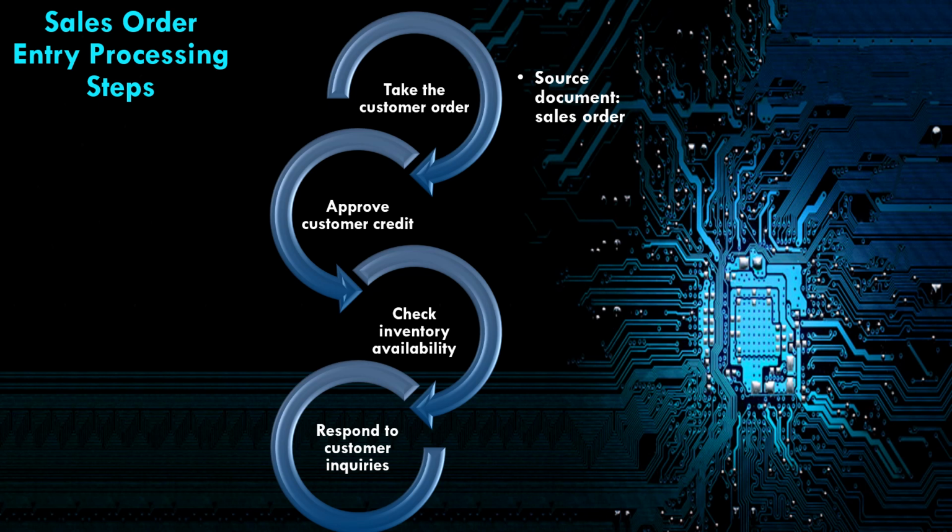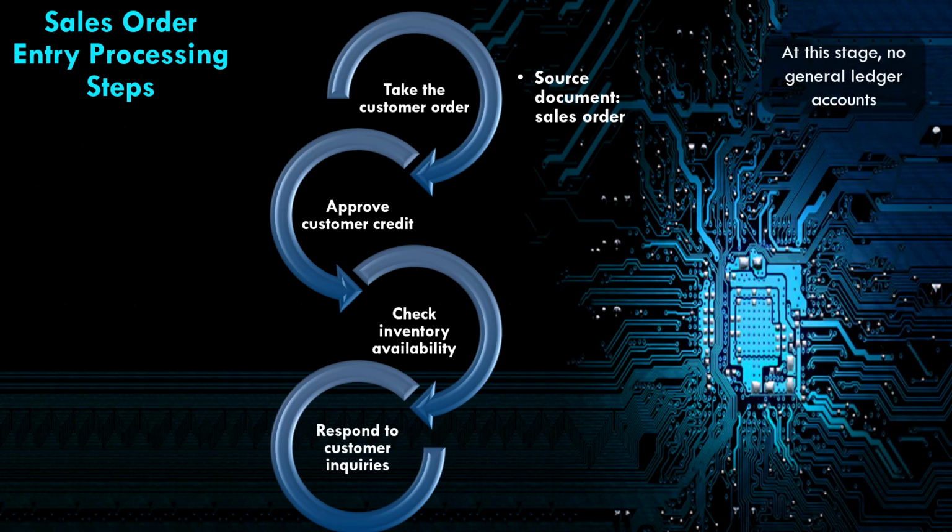If the customer credit is approved and the inventory is available, then we respond by sending the invoice and the shipment documents. Okay, so this is stage one.